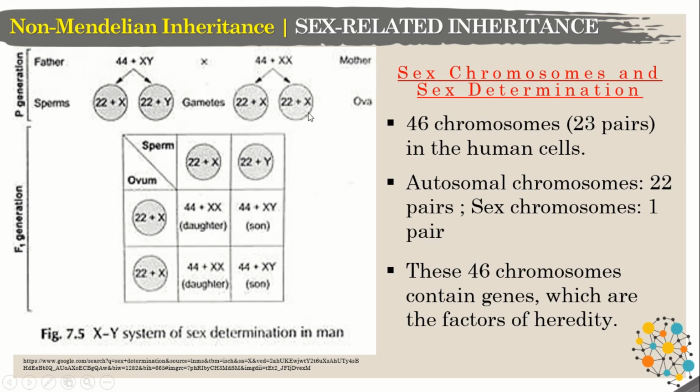Parehas na X. Now, so as you can see, the one who determines the sex or the gender of the offspring para maging lalaki or maging babae, si tatay ang nagko-contribute noon. That's why we should thank our father, right, for us.